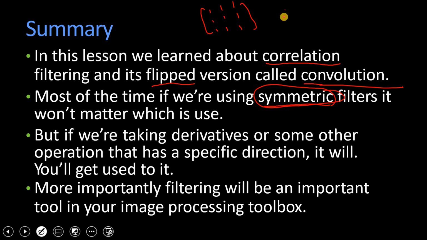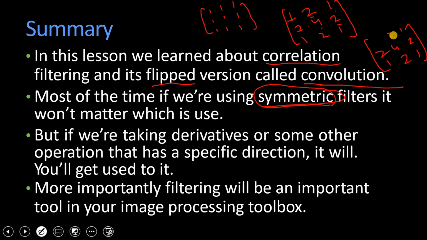Same is the case for the Gaussian filter. If you remember the Gaussian filter, that is the reason the Gaussian filter is like this. Now I ask you to rotate it 180 degrees. If I want to rotate it, this 1 will come over here, then 2, 1, and then this 2 will come here, and 4 stays in the same place, and this 2 will come here, and it is the same, no change.